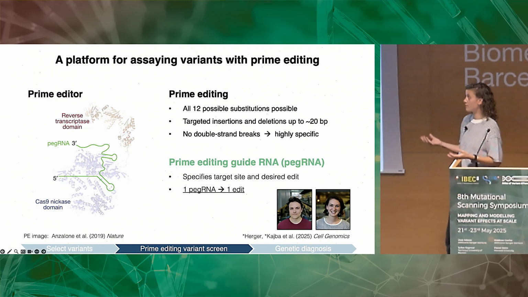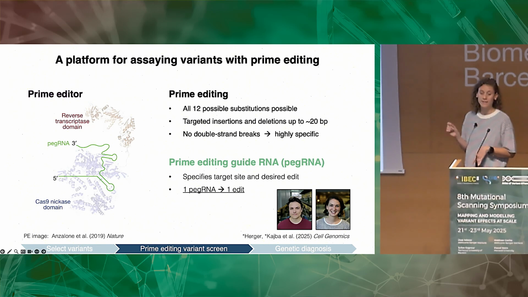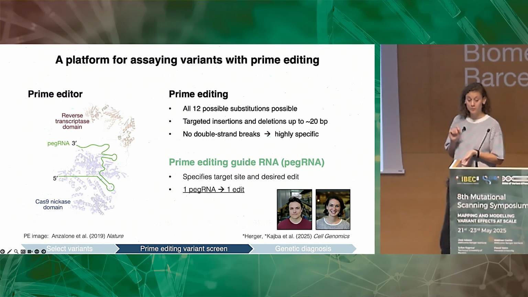And for that, they use prime editing, a precise search-and-replace genome editing method that uses a Cas9 nickase fused with a reverse transcriptase, and is guided by a specialized RNA sequence that is going to introduce a specific DNA change at the targeted site.